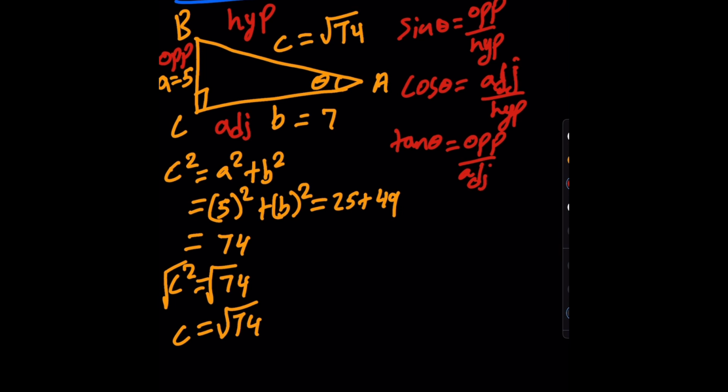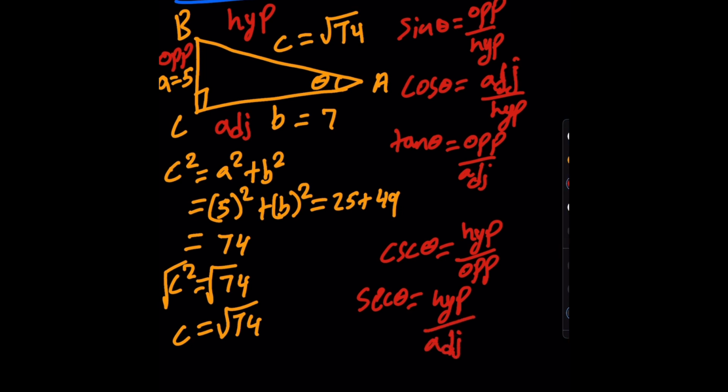So now those are the three main trig functions, but we have to find also the other three inverse trig functions, which are cosecant theta, right? That's the reciprocal of sine theta, so that's going to be hypotenuse over opposite, and secant theta is the reciprocal of cosine theta, so that's going to be hypotenuse over adjacent, okay?